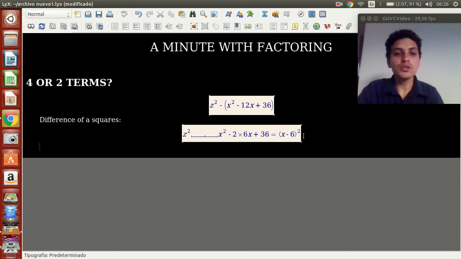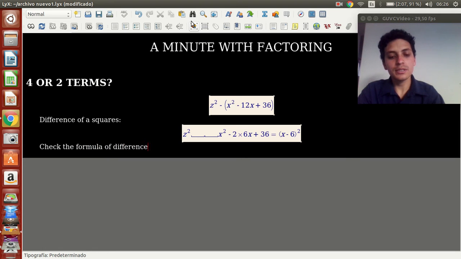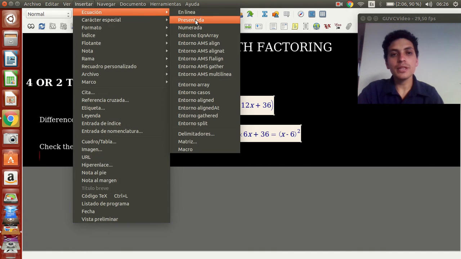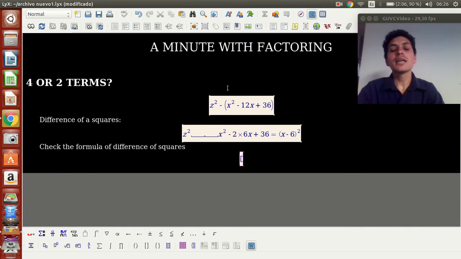So you just have to check the formula of difference of squares. If you check the formula of difference of squares, it will mean a squared minus b squared will be a minus b times a plus b.